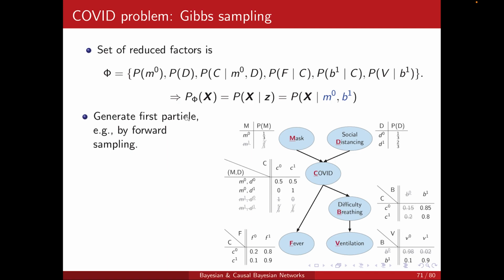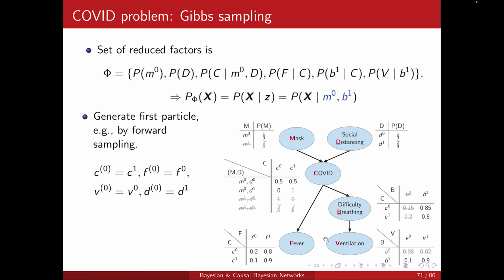So here's what we do. Again, you see that the CPDs are simplified by crossing those values that will never appear based on the evidence. First we generate a first particle by any method, for example forward sampling. We need one first particle for Gibbs sampling. Imagine that we have done this.